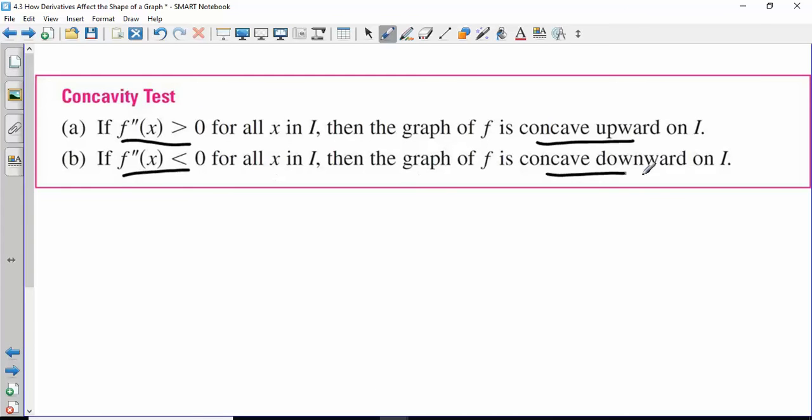When the second derivative is negative, that's your concave down. Okay. So far, so good?